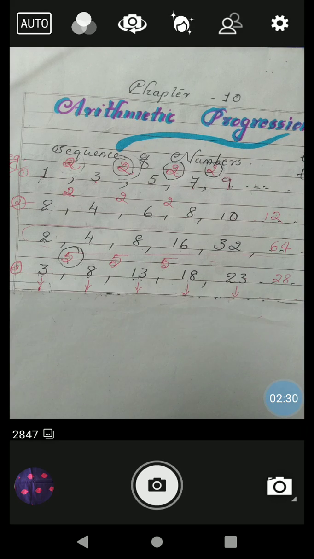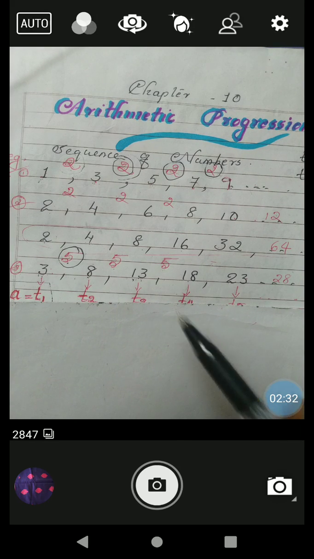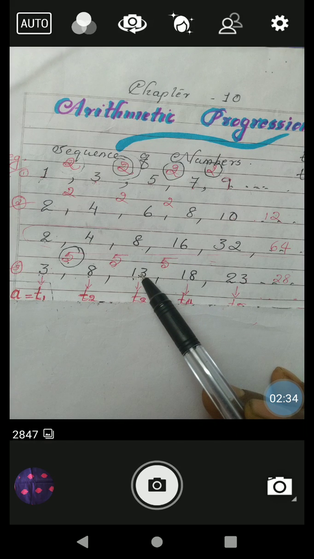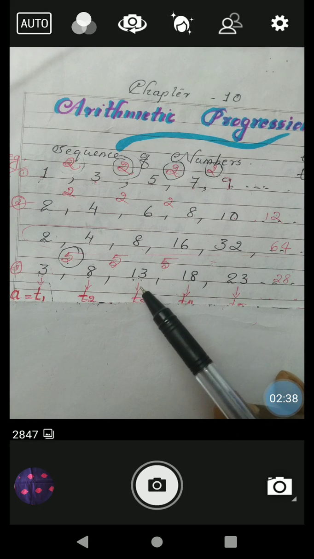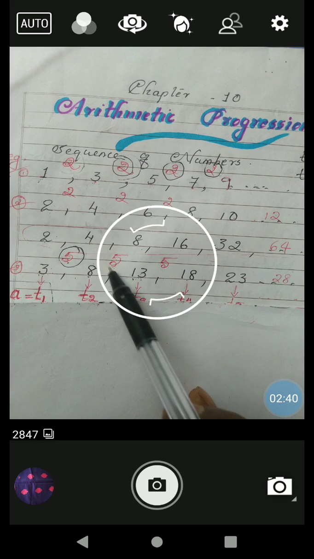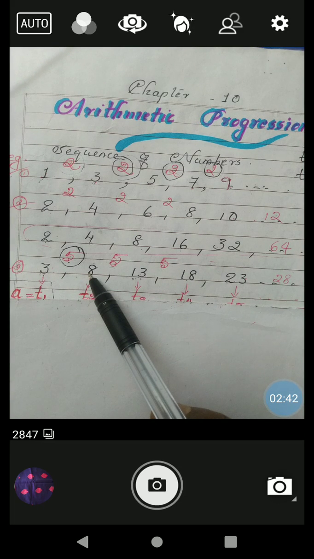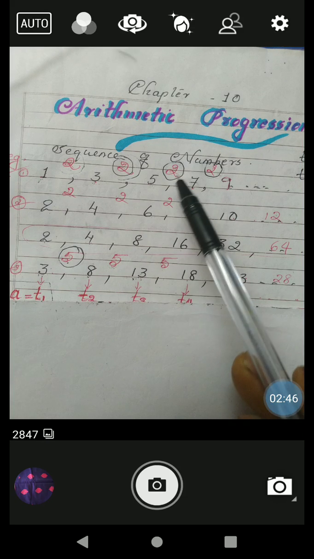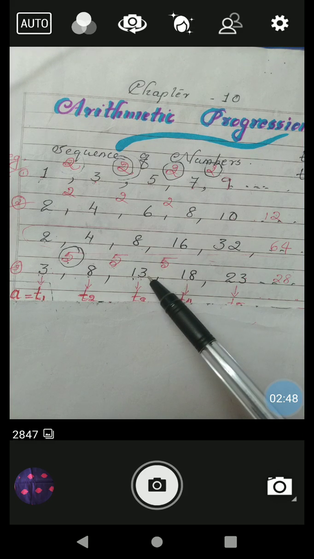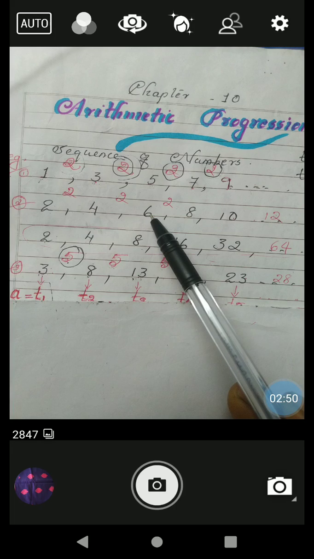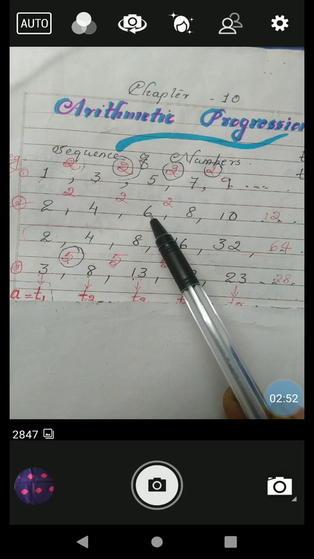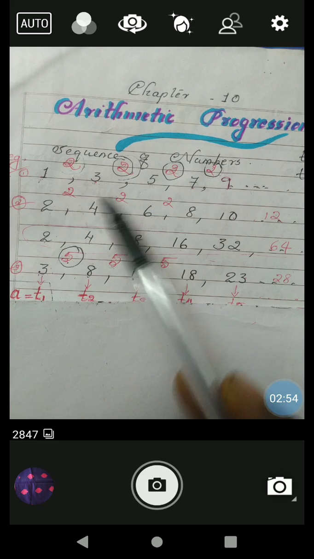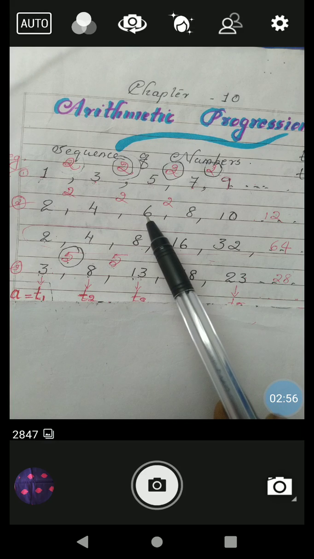It is a sequence of numbers in which each term can be obtained by adding a certain quantity to its preceding term. You can see in these 3 examples, each term can be obtained by adding a certain quantity to its preceding term.